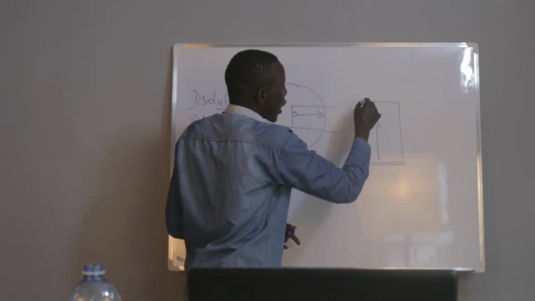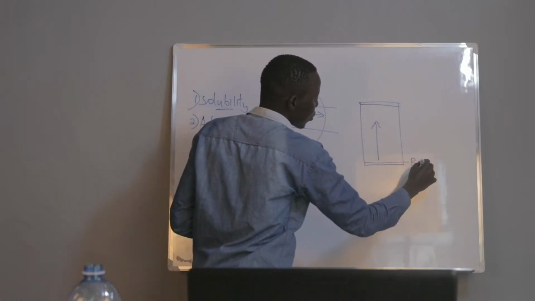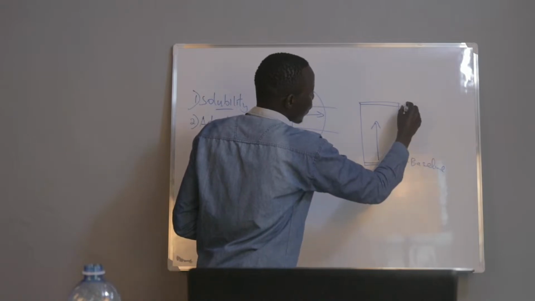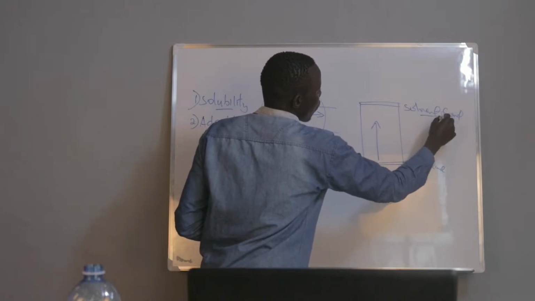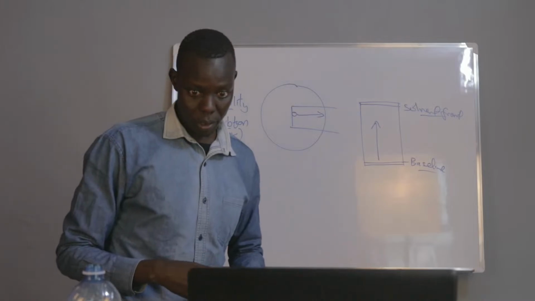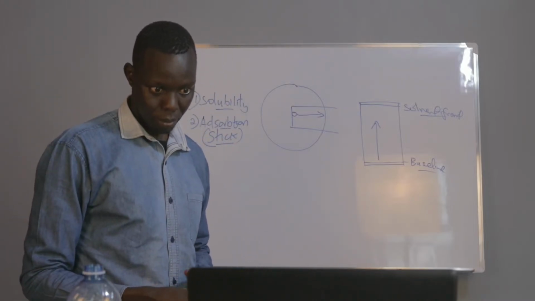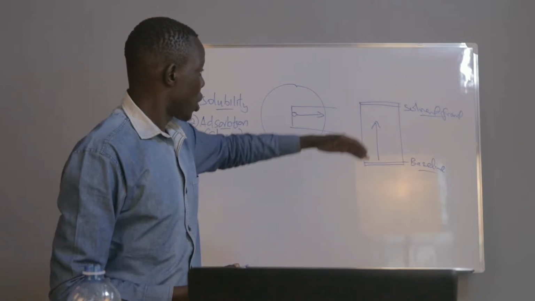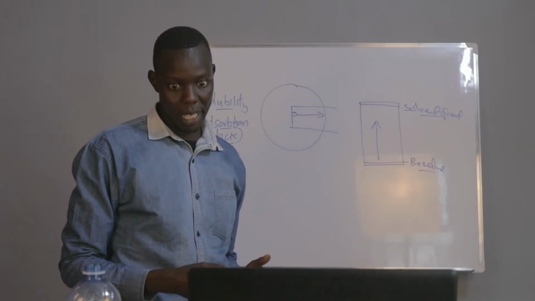The farthest they can move, you will call the solvent front. So we have the baseline, then we have the solvent front. Are you following my explanation? Yes. So the upper part is the solvent front, the lower part is the baseline.